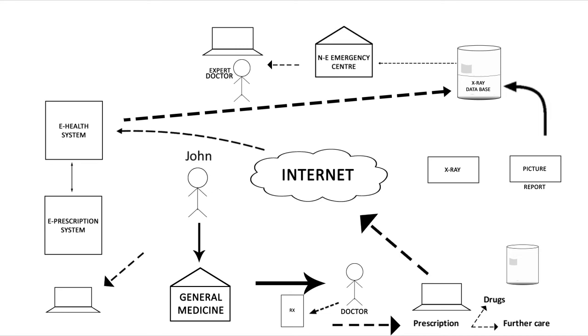But this is not so simple, because there is also a selection window, and John also has the right to select a doctor himself. If he knows somebody, maybe he has earlier visited somebody who knows his life story a little bit better, in this case John can make this choice also.